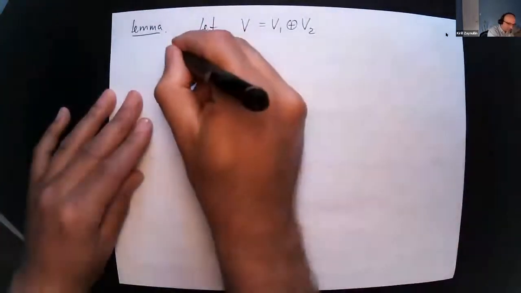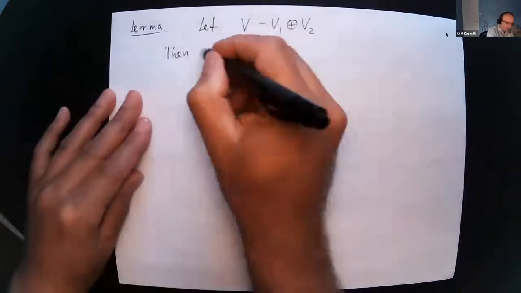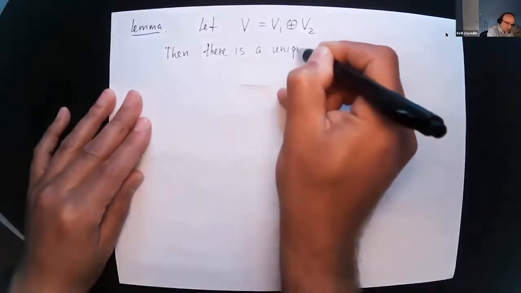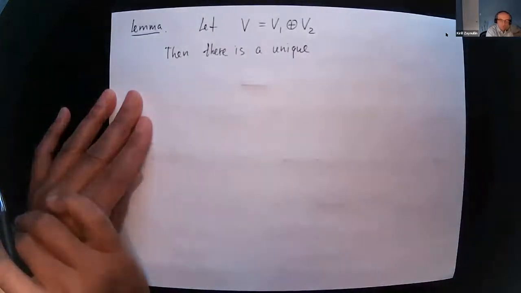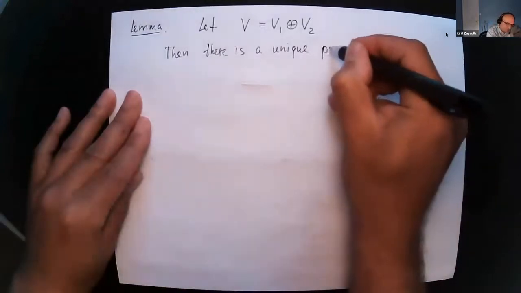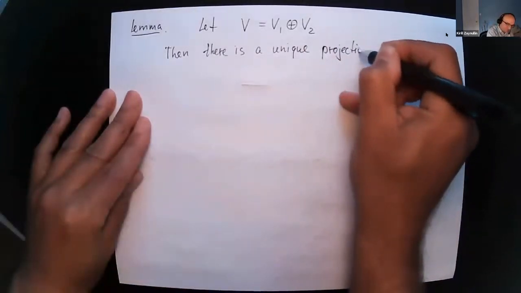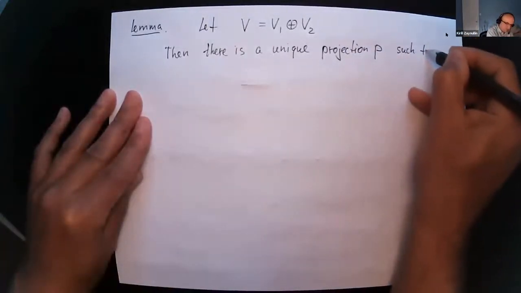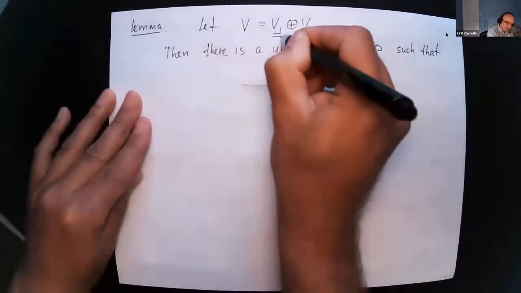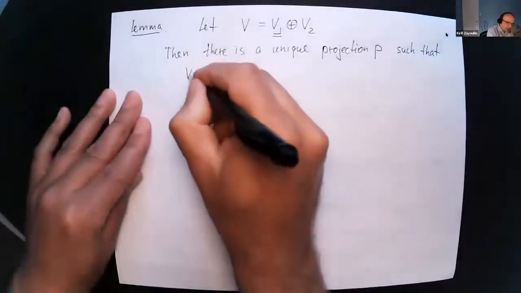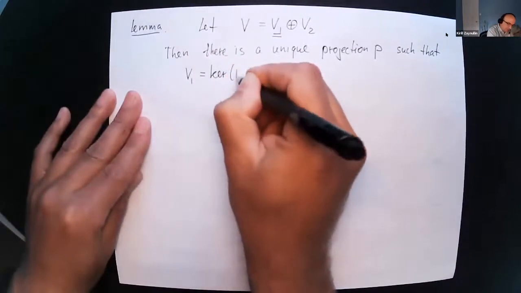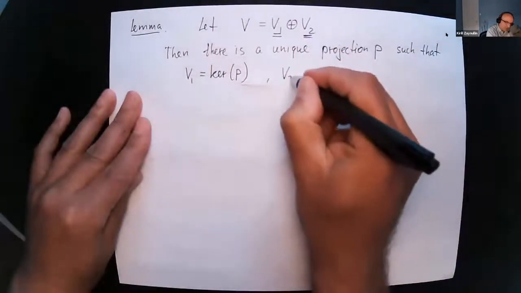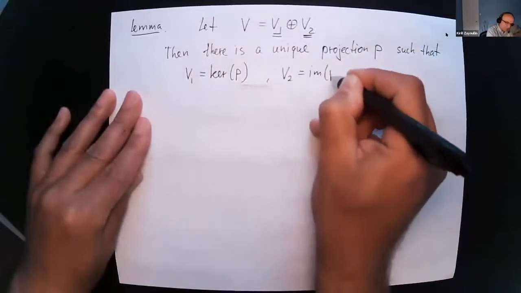Then we claim that there is a unique linear operator, indeed a unique projection, P, such that the first vector space, V1, can be identified with the kernel of that operator, and the second vector space, V2, can be identified with the image of this operator.